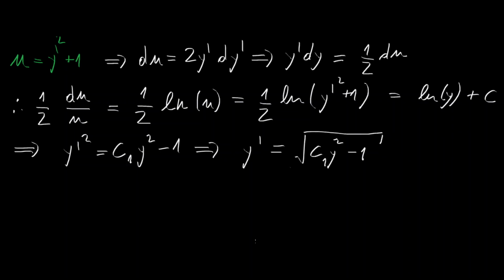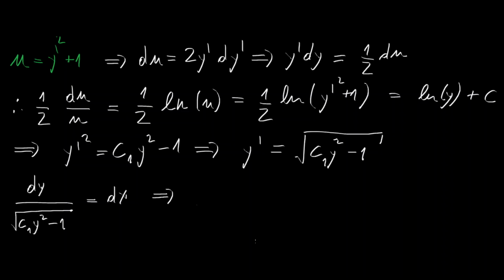Okay, so we can write this as follows: dy over this square root of c1 y square minus 1 equals dx, and this differential equation can be solved.